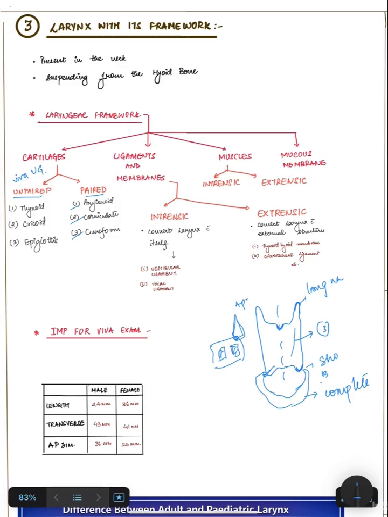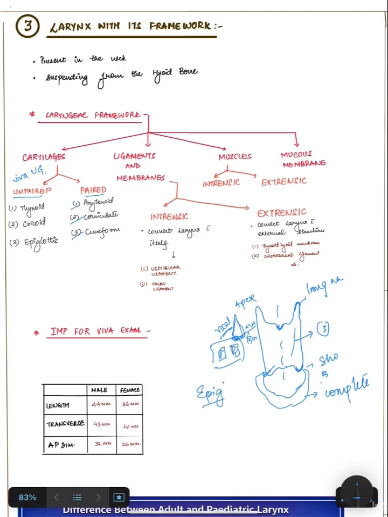It has an apex and a base, and the joint is a synovial joint, and it has two processes. One is the vocal process and the other one is the muscular process. Muscular process because muscles are attached, and vocal process because the vocal ligament is attached. And the last one which we talked about was the epiglottis.